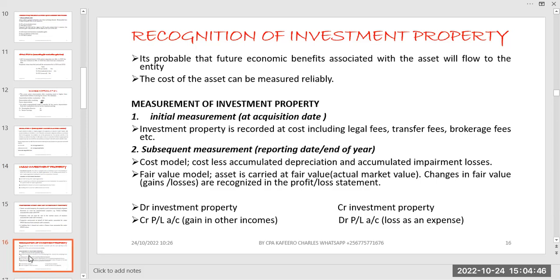Here we see there are legal fees, transfer fees, because this is mainly based on land and buildings. When you are buying land, of course, you expect legal fees, transferring of the land titles. Then brokerage: you have to pay brokers who are going to connect you to the real estate agents.